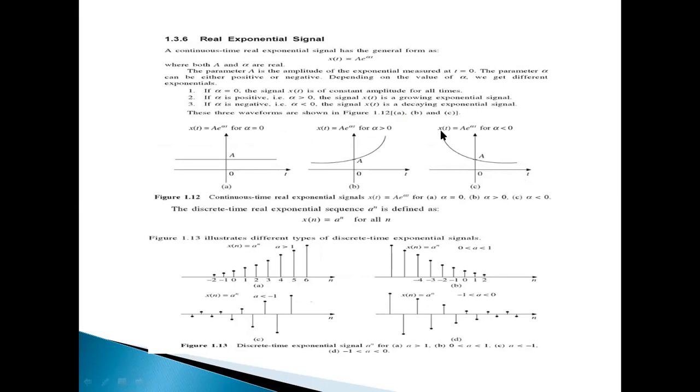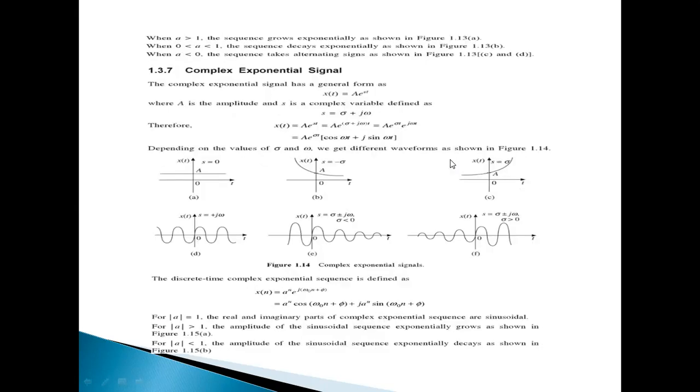For alpha negative, it is exponentially decaying. The same thing here also. When s is equal to 0, it is a constant. When s is equal to minus sigma, it is decaying, and s is equal to plus sigma is a rising function.